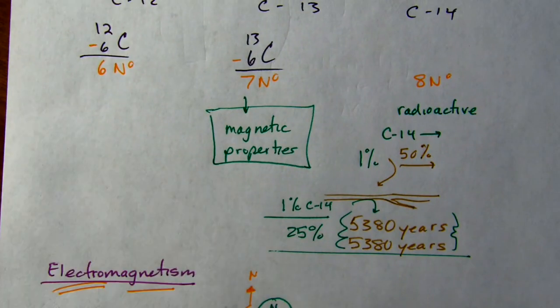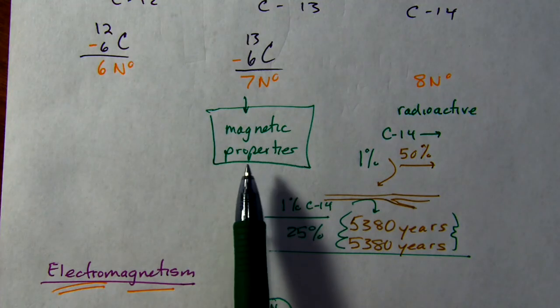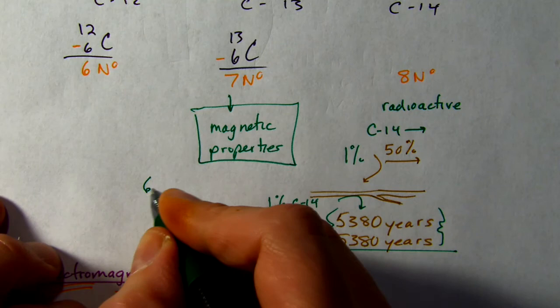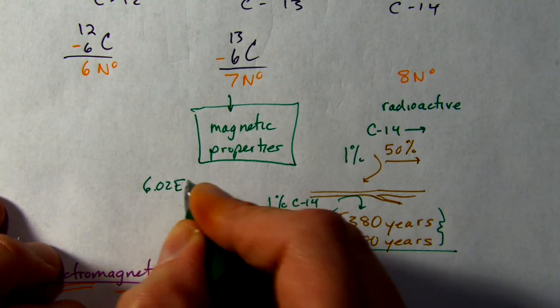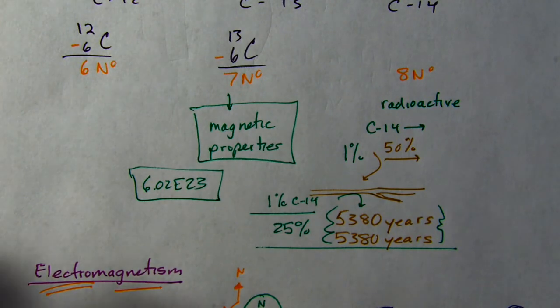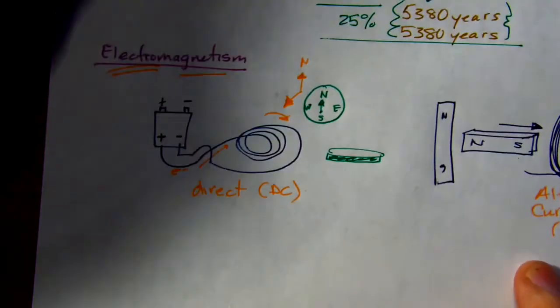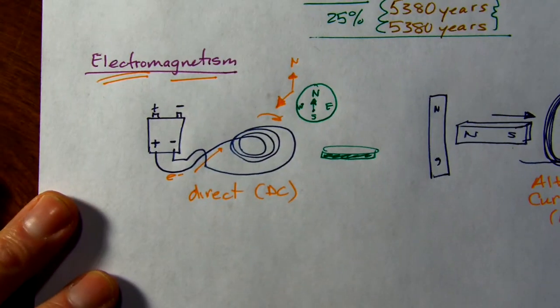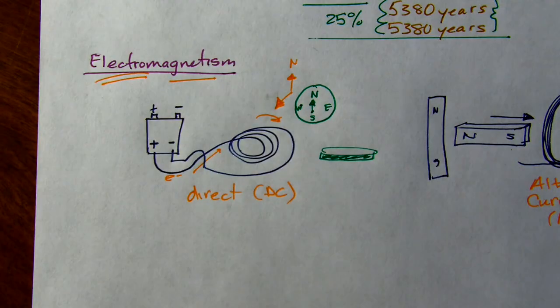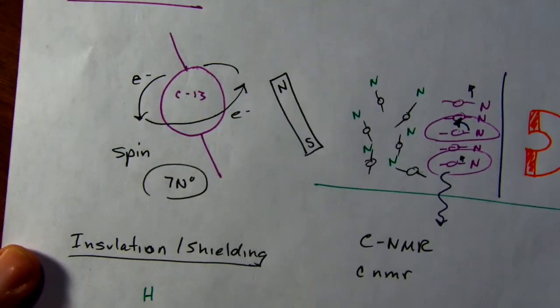Okay, and even though 1% of all carbon isotopes is actually magnetic, that's all we need, because if you think 1 mole of a substance has that many carbon particles, so we're okay. We don't need that many in the first place. Okay, but the idea of electromagnetism helps here, because that's really what's going on. You spin an electric current, you get a magnetic field. All right, and so that's what this is.